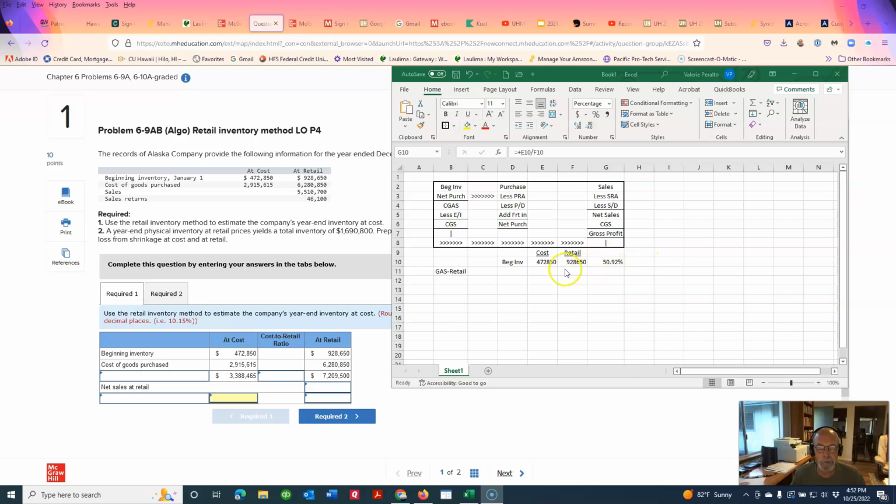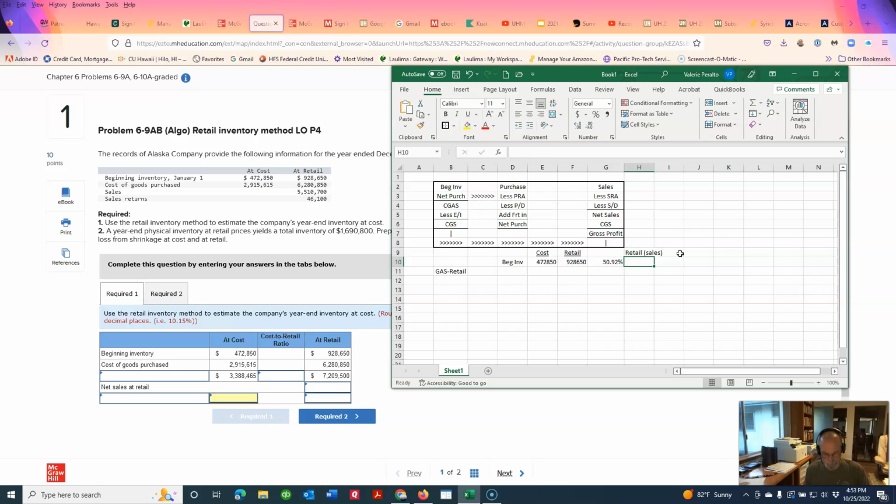Another way to look at these two numbers is to start with retail. If we sold everything, our retail would be the equivalent of our sales.